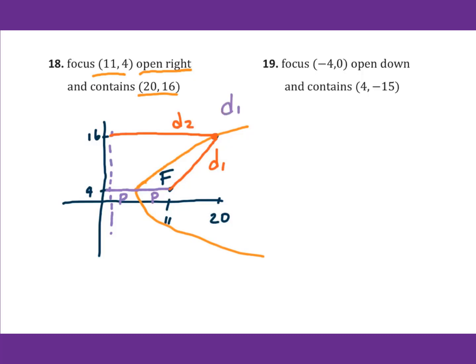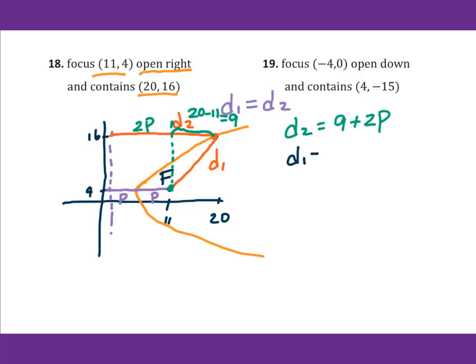So D1 equals D2. If we draw a vertical line through this focus, then we know this part is 2p. This distance will be 20 minus 11 equals 9. In other words, D2 I can write down as 9 plus 2p.